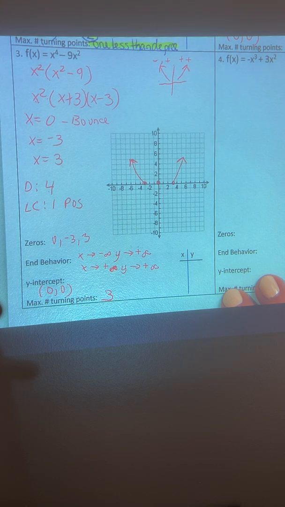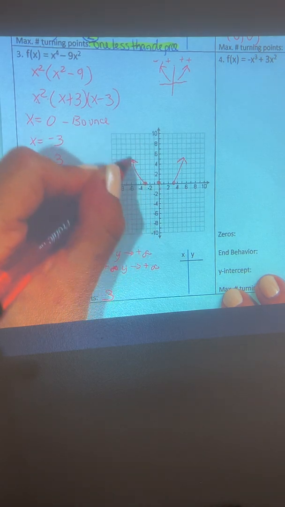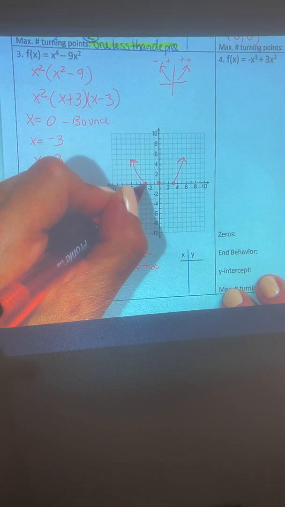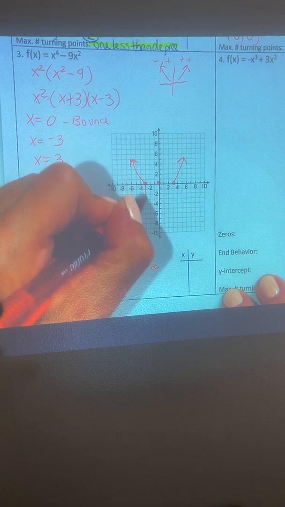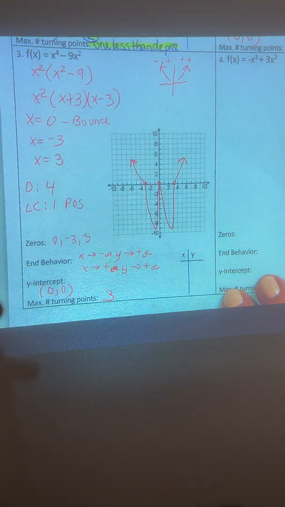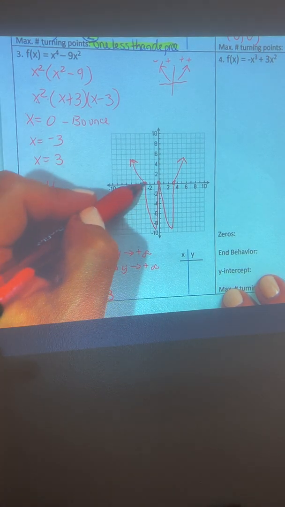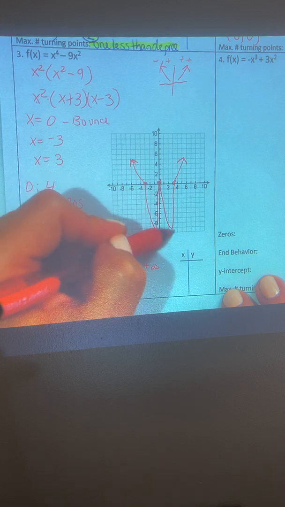Okay, so now 3 turning points. It's going to bounce here. So here's 1. It's going to bounce. It's going to go like this. That's the sketch. See? 1, 2, 3.